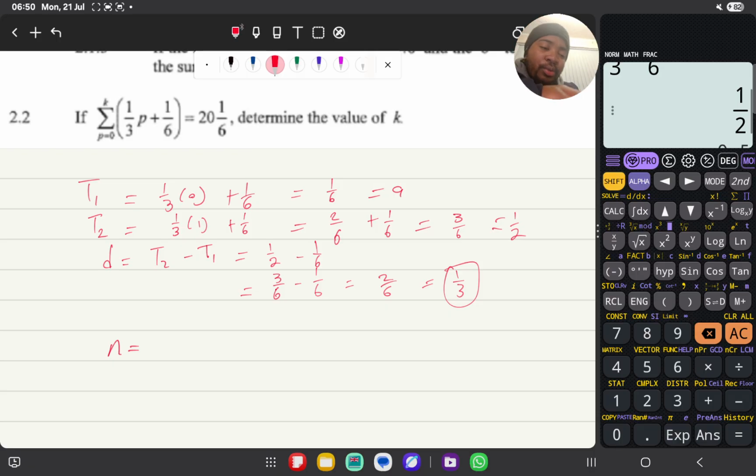Let's focus on the one where we were adding from 0 up until 10. There, when we used the Sn formula, instead of substituting 10, we substituted 11. So we substituted 10 plus 1. And that 10 plus 1 here is going to be k plus 1. That is what n is going to be.